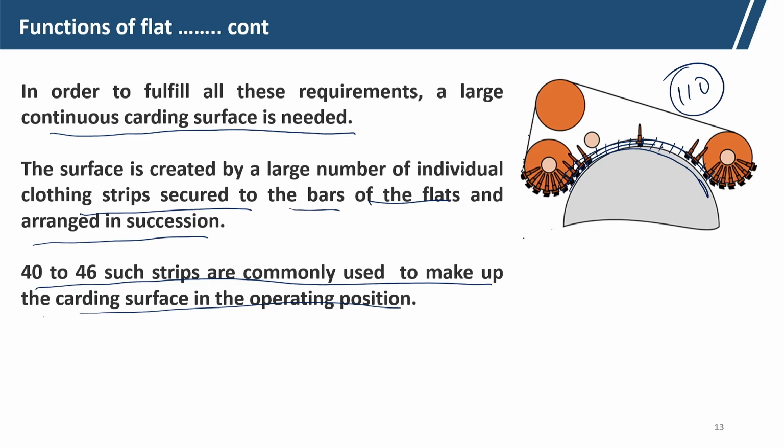So, this is the operational zone, where you will see around 40 to 45 flat strips are present. That is very important. Even a single point-wise carding zone will not be sufficient. We need a series of carding zones, a series of flats, to make a continuous carding surface.